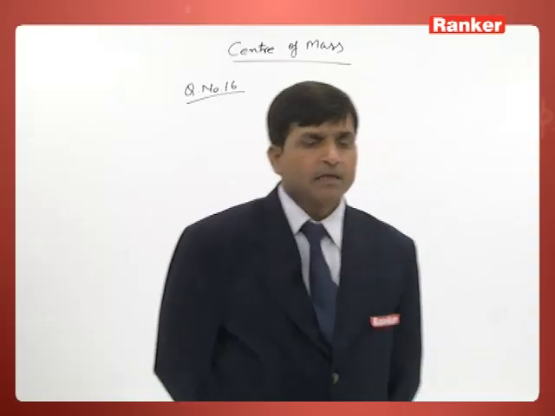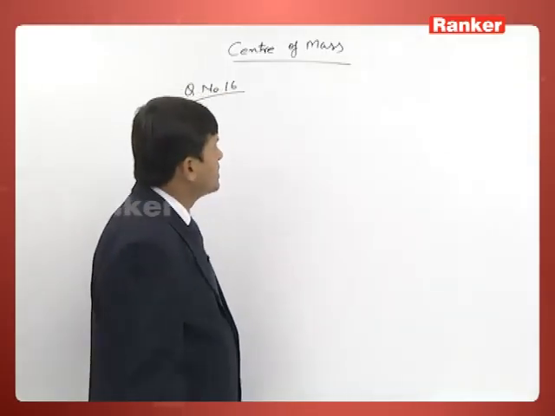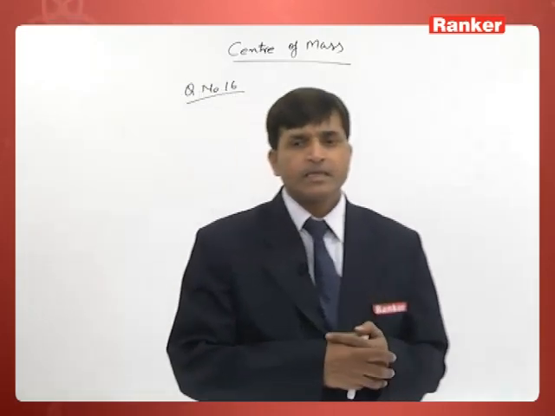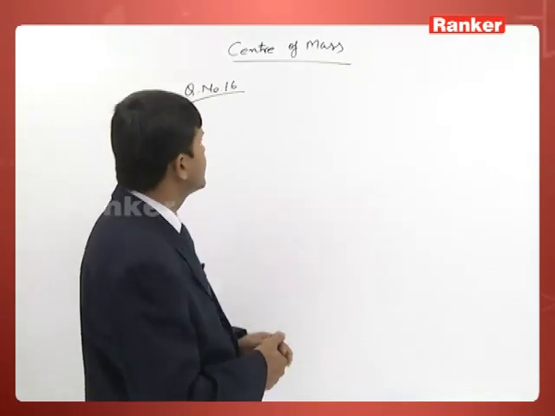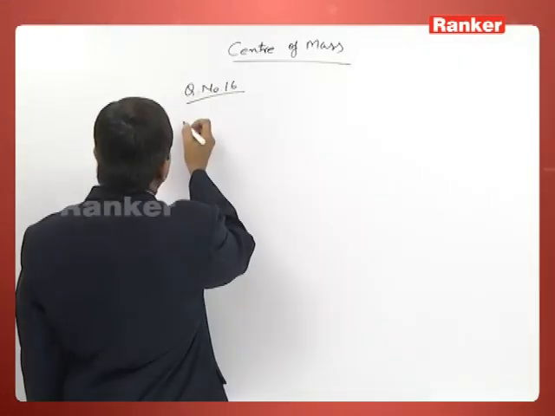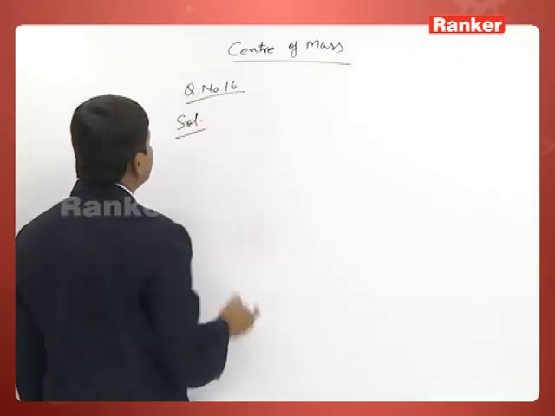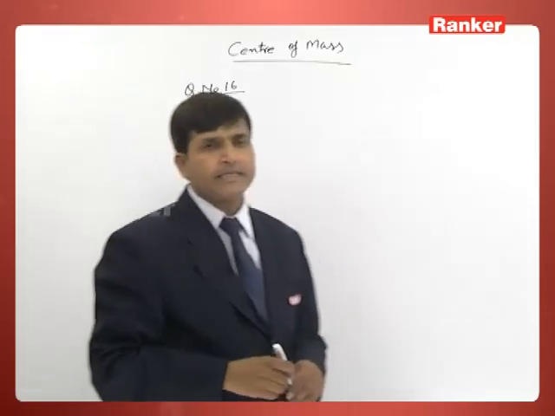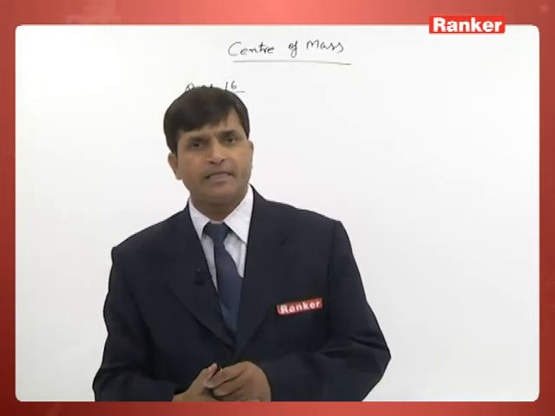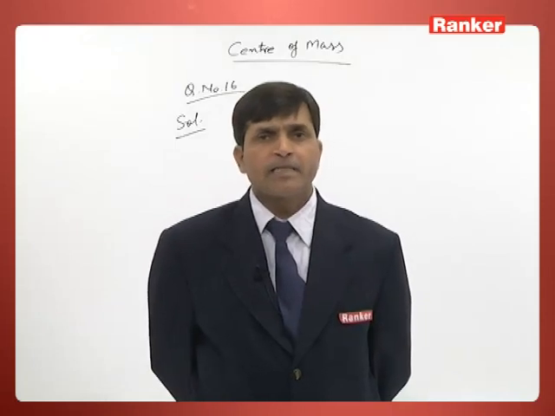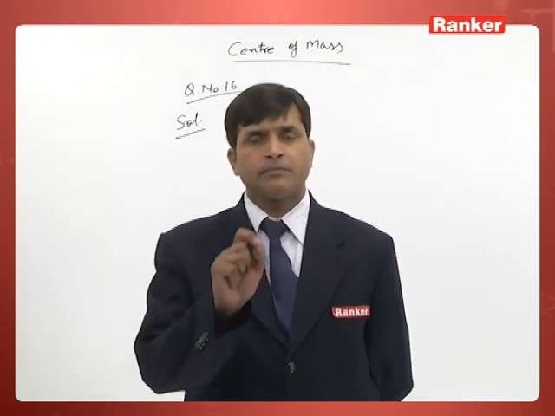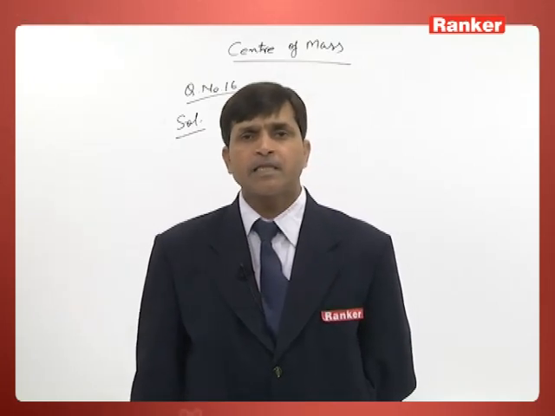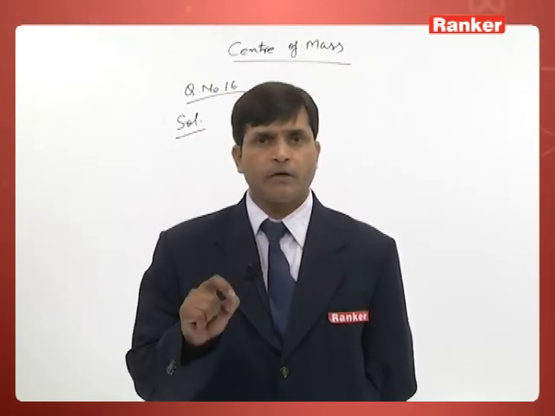So whenever the mass of the body is uniformly distributed throughout the body, see, first thing, center of mass and center of gravity. The center of mass is a point which depends on the mass distribution of the body.